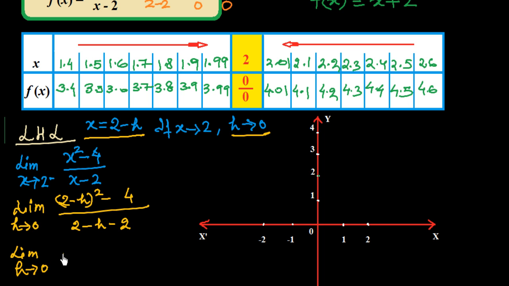Here I make the square, whole square of this. I am putting the identity. Here we have to apply the identity (a minus b) whole square equals a square minus 2ab plus b square. So we will apply this identity here.